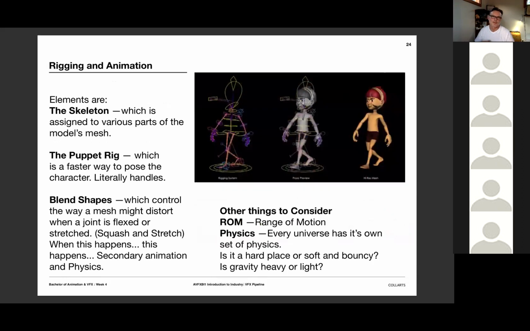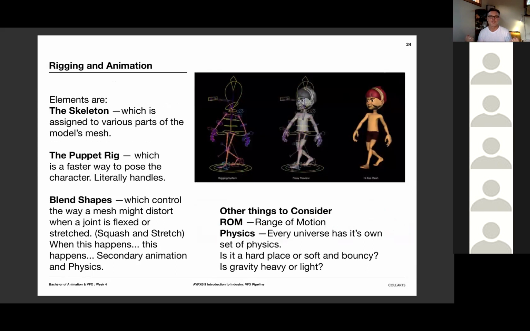We've got key elements: the skeleton, which is assigned to various parts of the model's mesh, and then the puppet rig, which is essentially a faster way to pose the character. So the puppet rig controls the skeleton, and the skeleton controls the mesh, if that makes sense. Then there's another component which controls the physics.